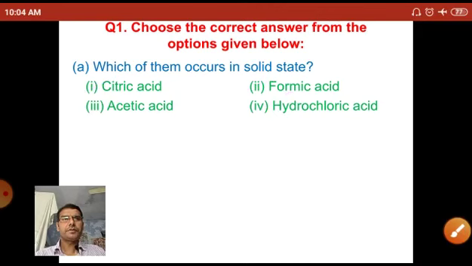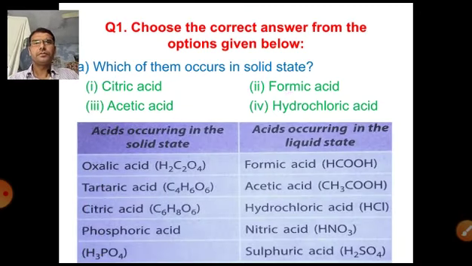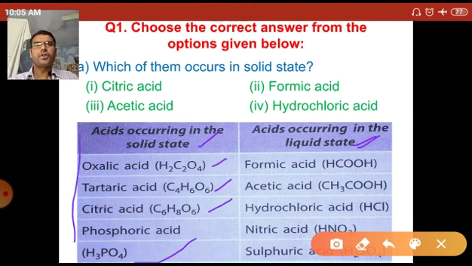You also memorize the list of the acids which occur in solid state and also in liquid state. Oxalic acid occurs in solid state, tartaric acid in solid state, citric acid, phosphoric acid, H3PO4, these all acids occur in the solid state.